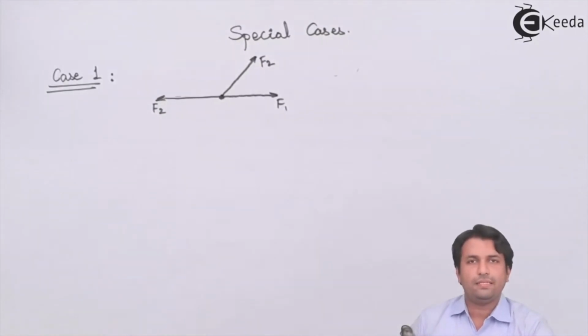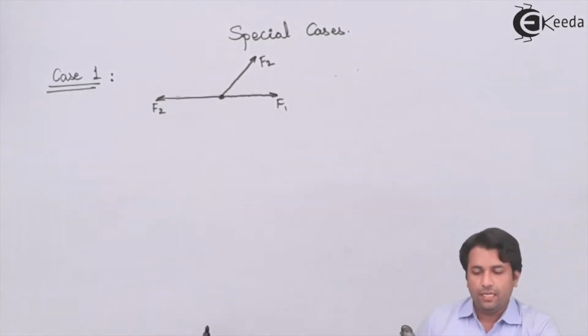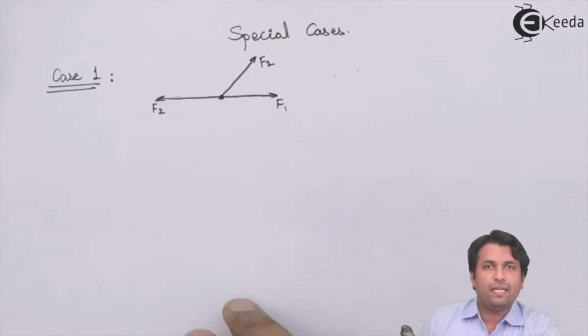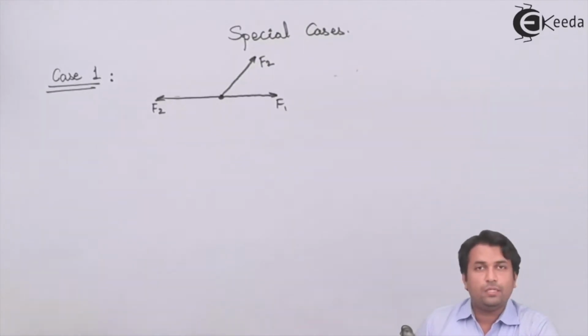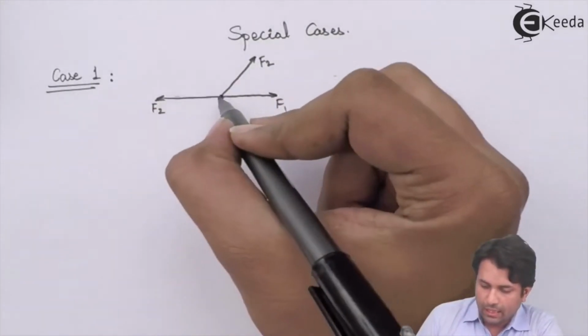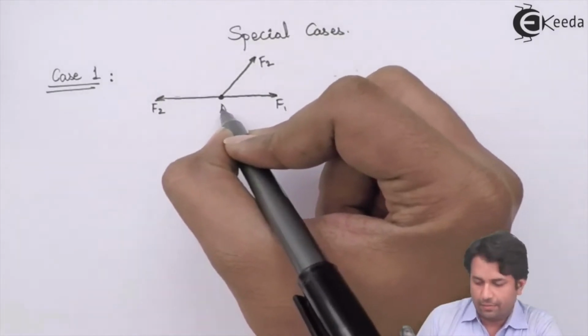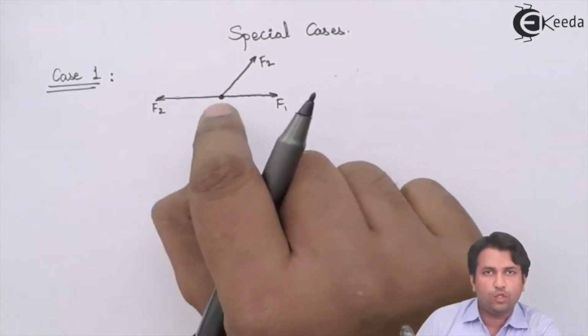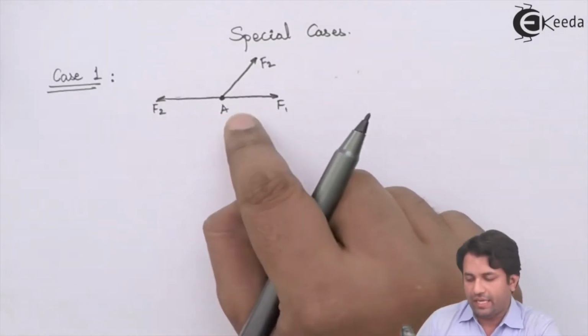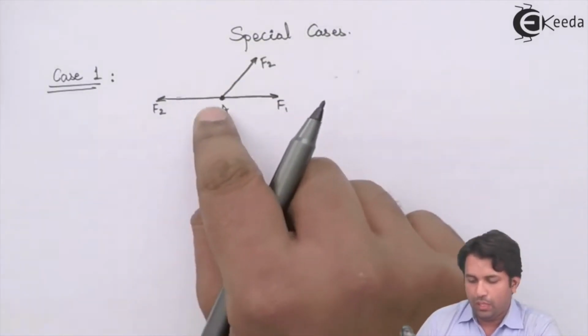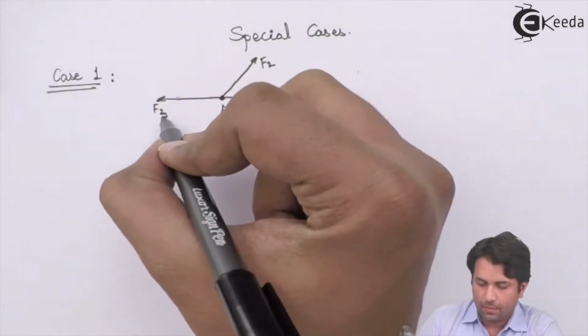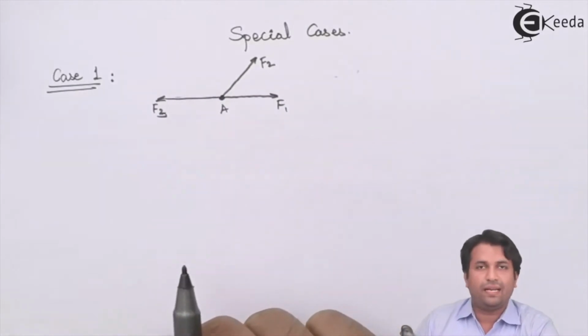Now, this is case 1, wherein you can see that there are three members acting at one joint. This is, say, any joint A. From this joint, I have three forces F1, F2 and F3 going in the outward direction.